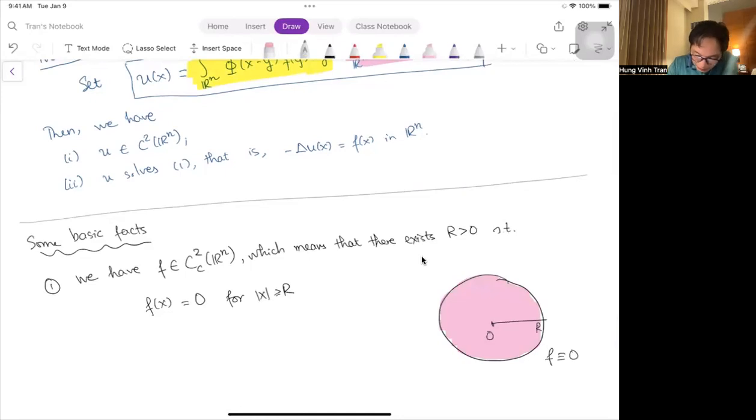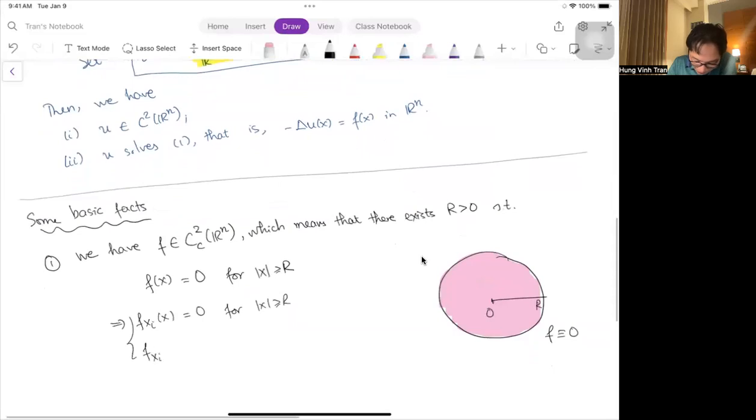So clearly from here, this implies that fxi of x equals 0 for |x| greater than or equal to r. And also if you differentiate in any directions, fxi xj of x also equals 0 for |x| greater than or equal to r, for any 1 less than or equal to i, j less than or equal to n.